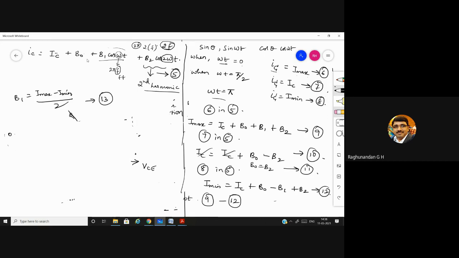After this, we still need to find B0 and B2. Substitute equation 13 and equation 11 in 12. So this 13 and 11 you are going to substitute in 12.